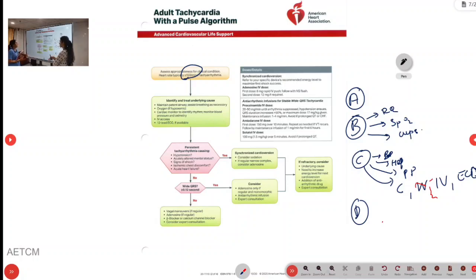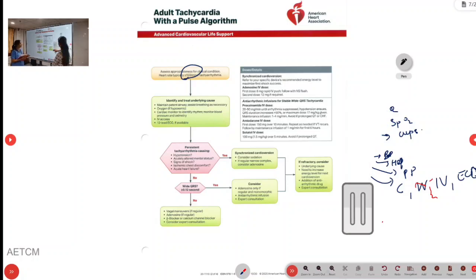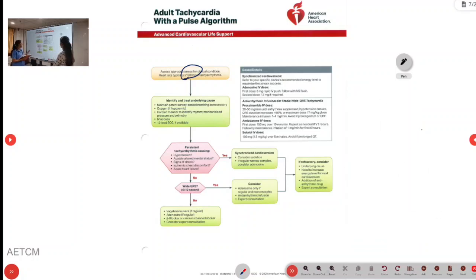If the patient is hemodynamically stable, we will say the signs of hemodynamic compromise are not there. It is a wide complex if QRS is more than 0.12.